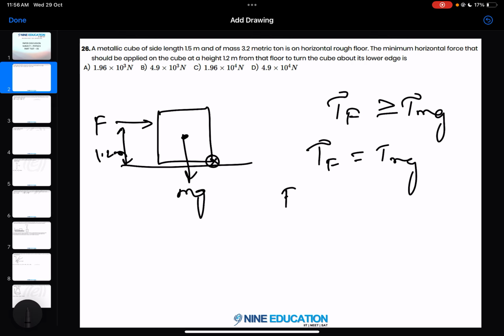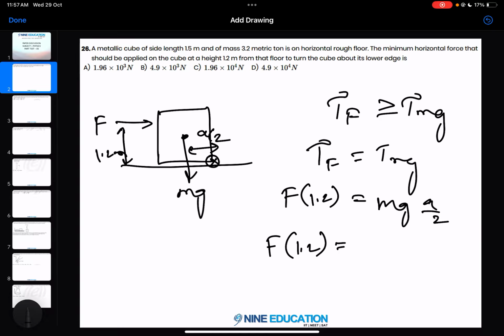So torque because of F is F into 1.2, force into the perpendicular distance from the axis of rotation. And torque because of mg is mg into this perpendicular distance, which is simply a by 2. So force into 1.2, mass is given as 3.2 metric tons, which is 3.2 into 10 cube.